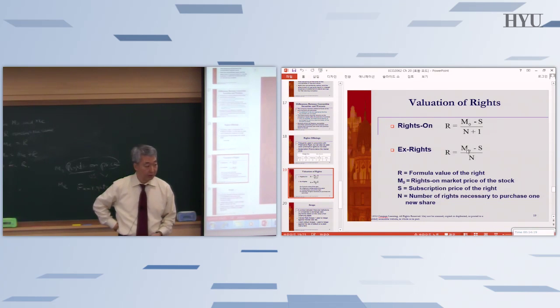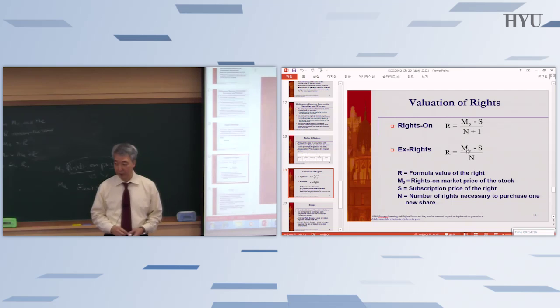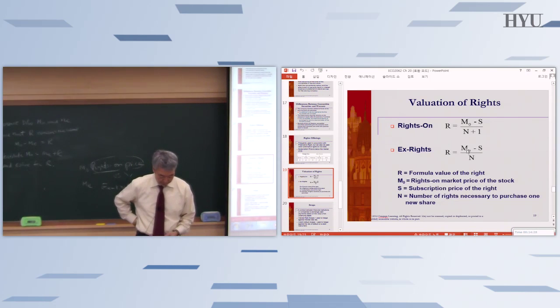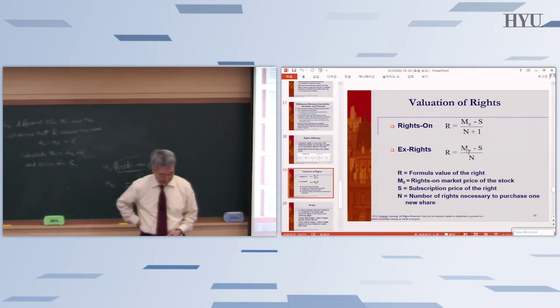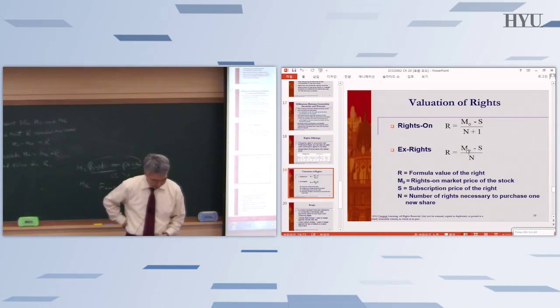In other words, if you want to purchase one new share, that requires 10 existing shares or 10 existing rights. Make sure you understand that. Oswego's common stock is currently selling at $50 a share, and the subscription price is $45 a share. So calculate the formula value of the right for both the rights-on and the ex-rights cases.